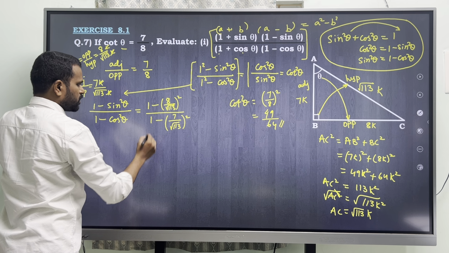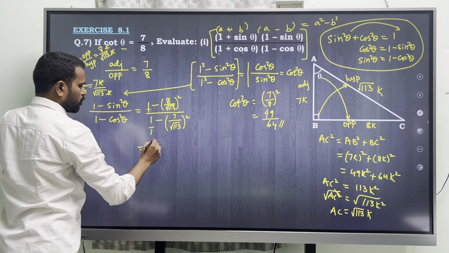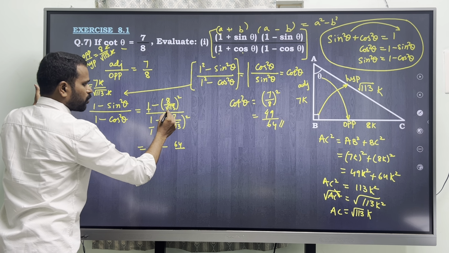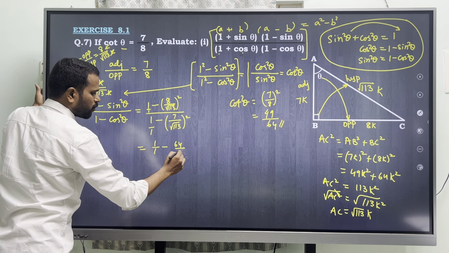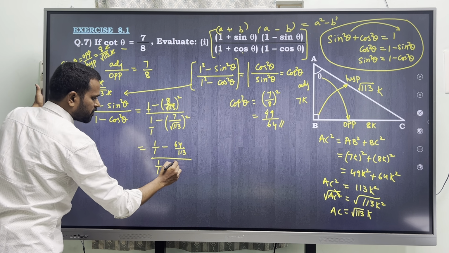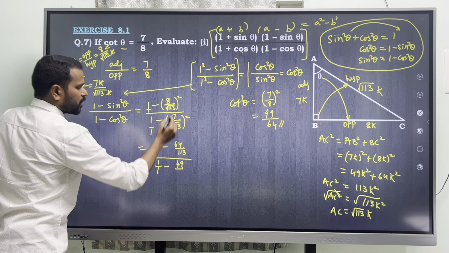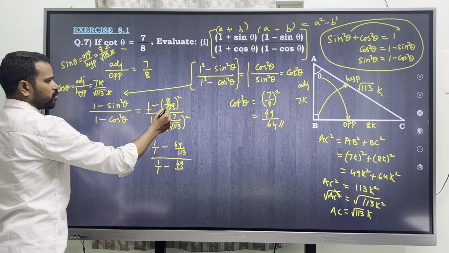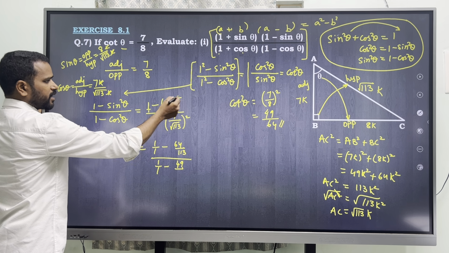Okay, now see here, 1 by 1 minus 8 squared, 64 upon root of 113 whole square, which is 113, by 1 by 1 minus 7 squared, 49, because we are squaring numerator and denominator. 8 square is 64, root of 113 whole square, root cancels.